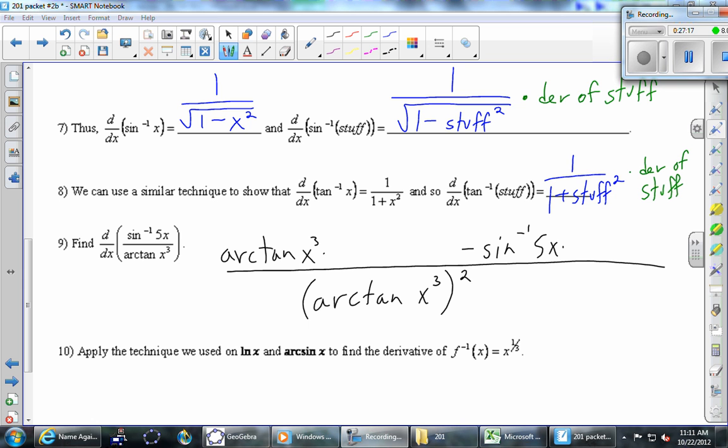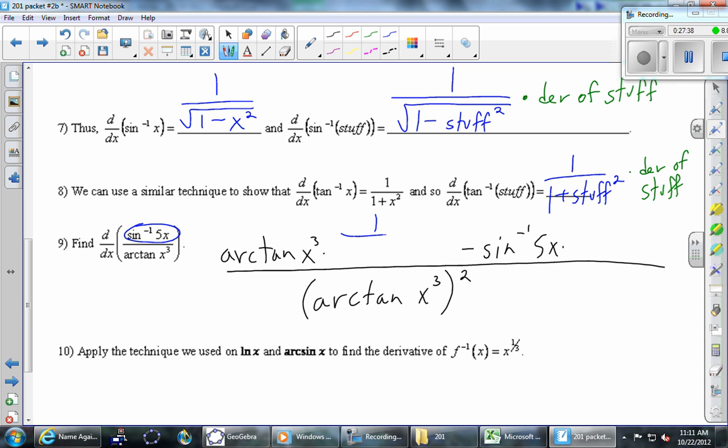Okay, so let's see. Does the quotient rule start with the bottom or the top? Bottom, then times the derivative of the top. So we copied the bottom, it's there. Times, and now what we need is the derivative of the top. So I'll circle this thing in blue. We're looking for the derivative of inverse sine. So we have seen, it's up here in blue, 1 over radical 1 minus stuff squared.